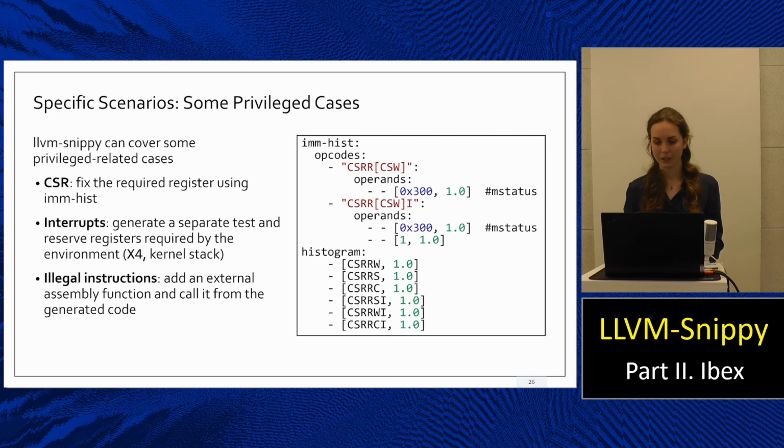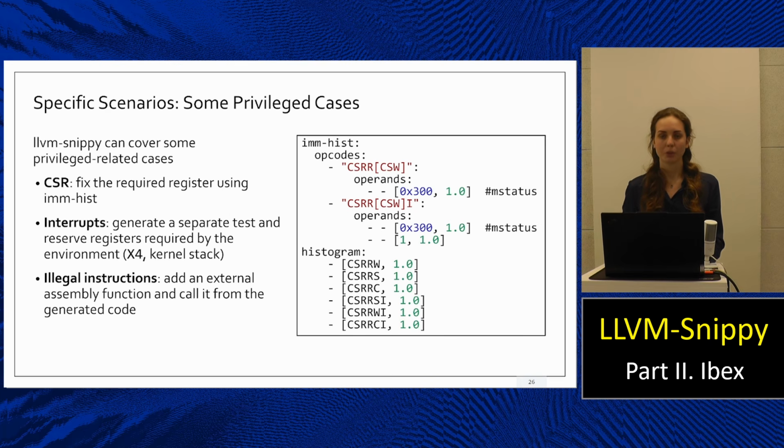The third case is illegal instructions. It is easier to add them through an external assembler function and call it from generation code. This keeps the LLVM-snippy flow, but adds in a targeted way what the generation should not freely randomize while still running inside the same environment.